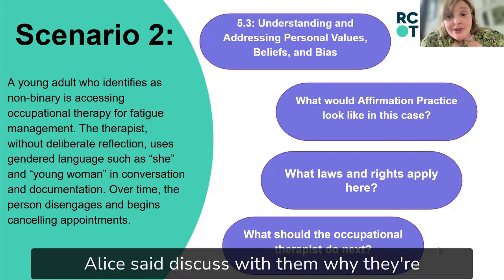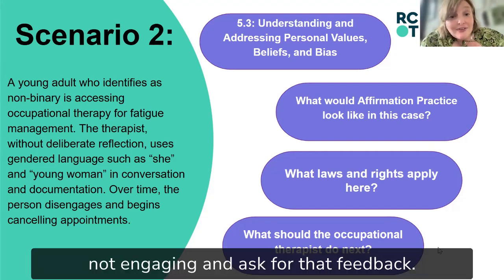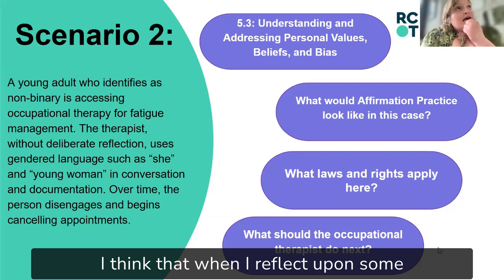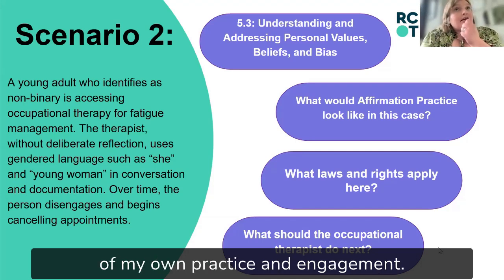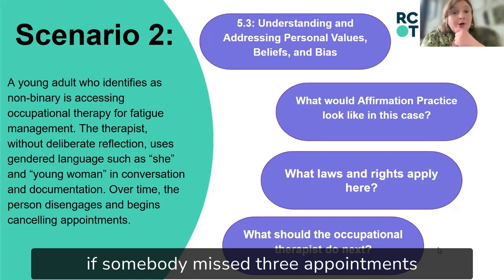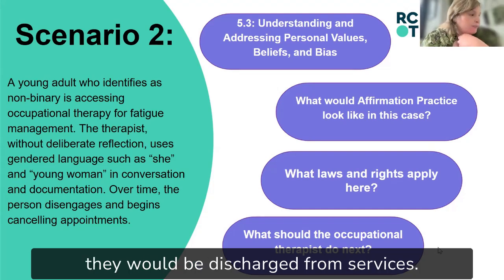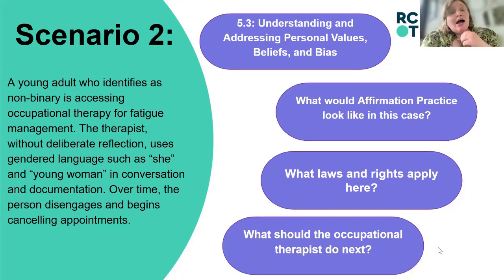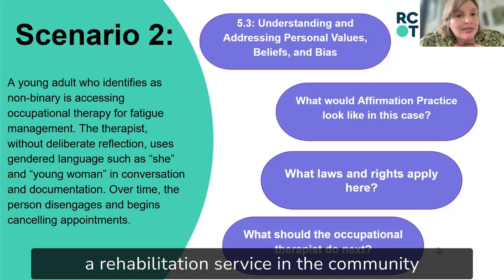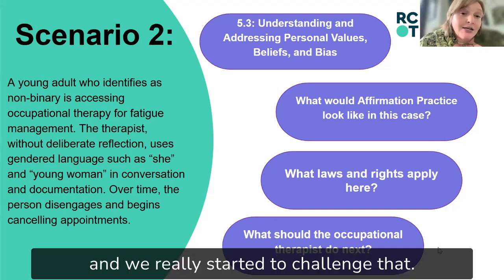And as said, discuss with them why they're not engaging and ask for that feedback. I think that's when I reflect upon some of my own practice and engagement. So our trust used to have a policy that if somebody missed 3 appointments, they would be discharged from services. Part of my job is working in a rehabilitation service in the community, and we really started to challenge that.